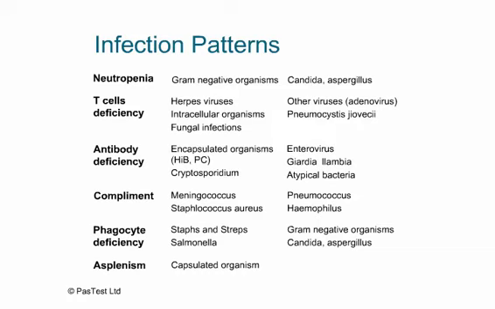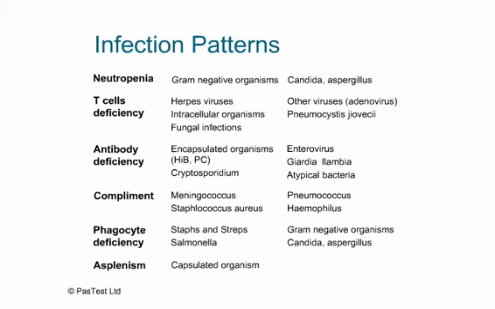So moving on from this, this next slide gives an overview and a bit of a simplification of the organisms that are associated with certain types of immunodeficiency. At the top of the list is neutropenia, and in this setting, that's more referring to acquired immunodeficiency, so neutropenia secondary to chemotherapy.